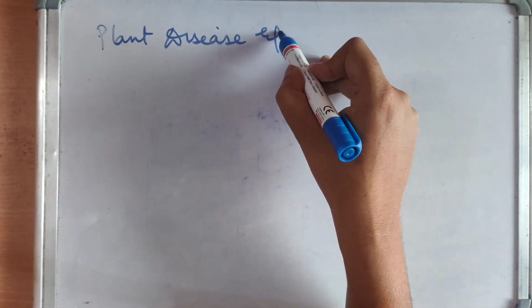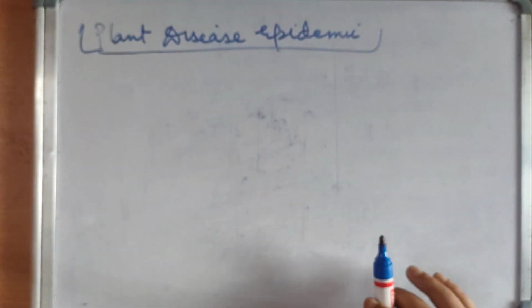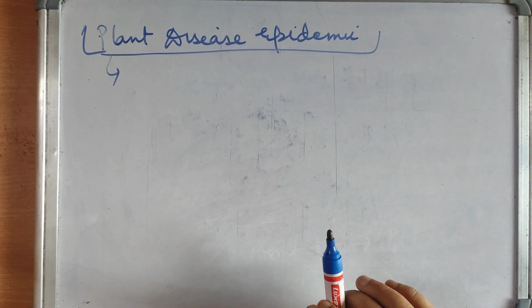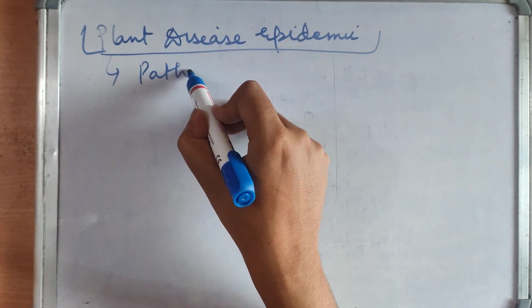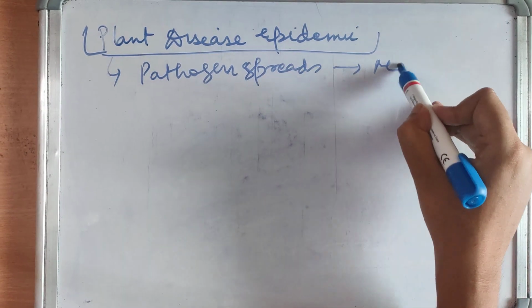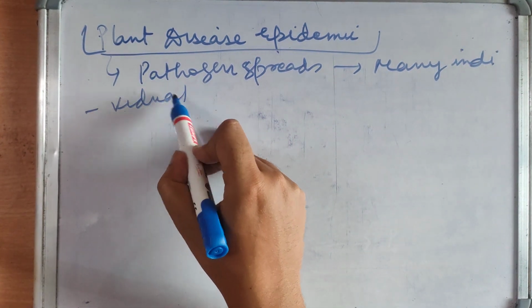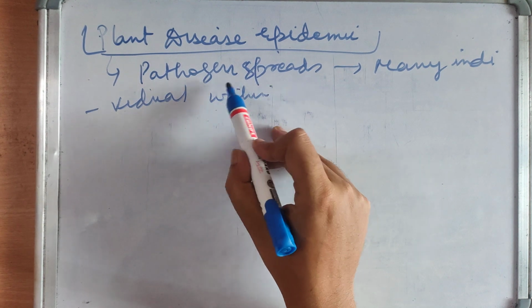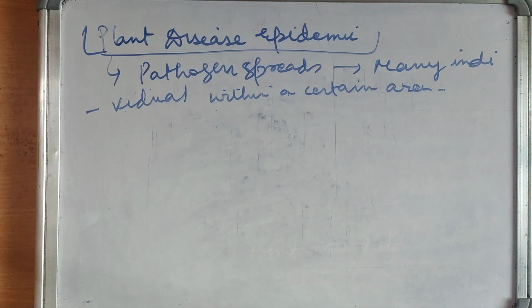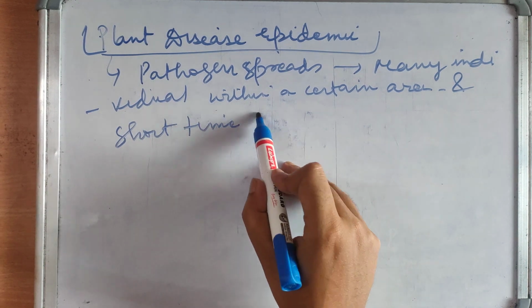When a pathogen spreads and affects many individuals within a certain area and within a relatively short time, it is called an epidemic.